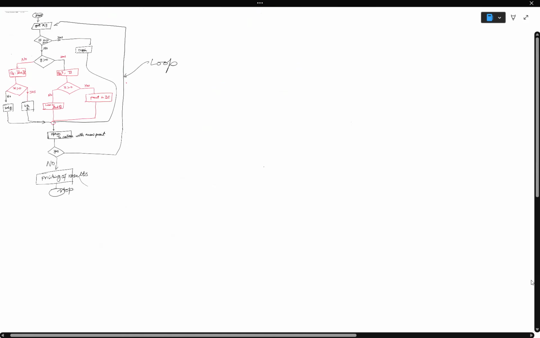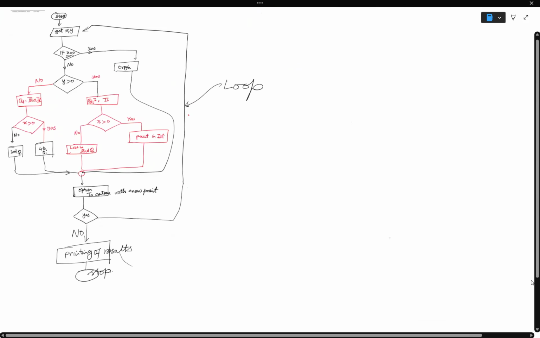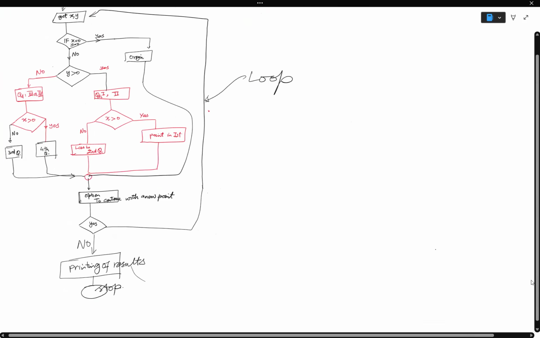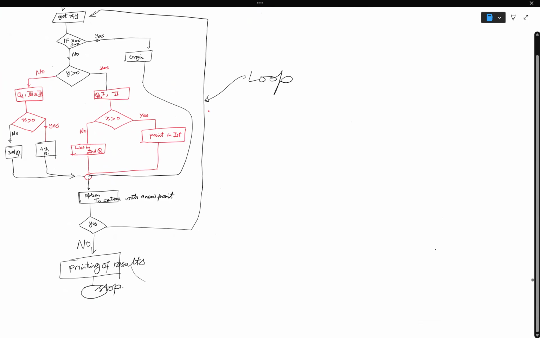So this is the complete algorithm. We start with the reading of the data, the x, y coordinates, and then if x and y are 0, this is the origin point, so we have to read another new point. If this is not true, we first check the value of y, and y greater than 0 brings us to the possibility of having this point in the first or second quadrant, which is then confirmed by the value of x.